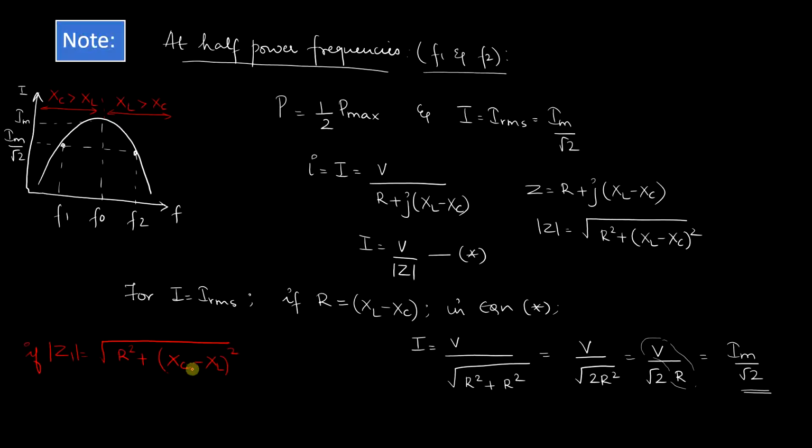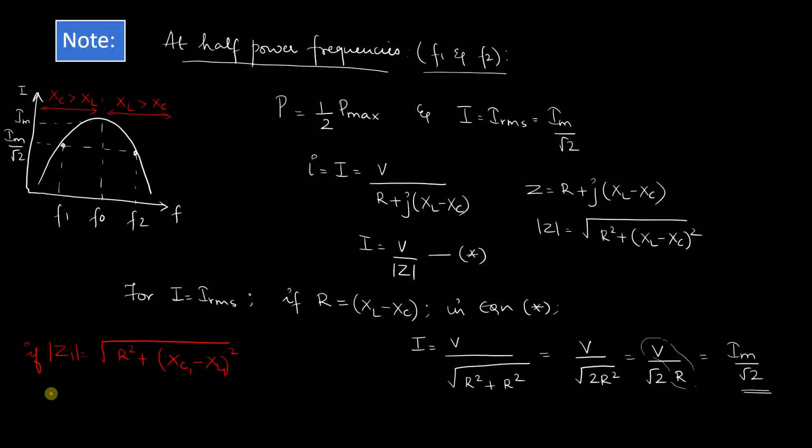The reason I have written XC first is because XC is greater than XL in this region. Clear? Because I have multiple impedances here and here, I can write this as XC1 and XL1. Remember, this is the general expression. Now I am considering only this part of the region.